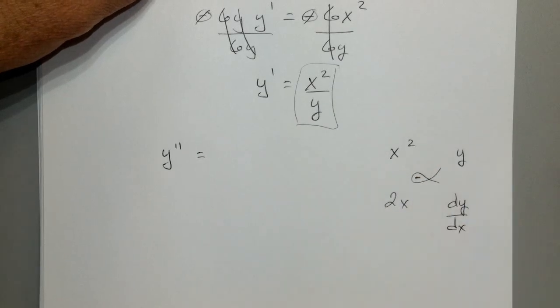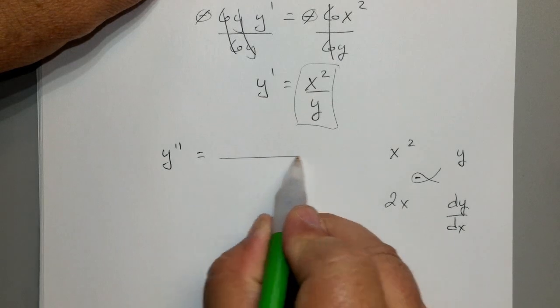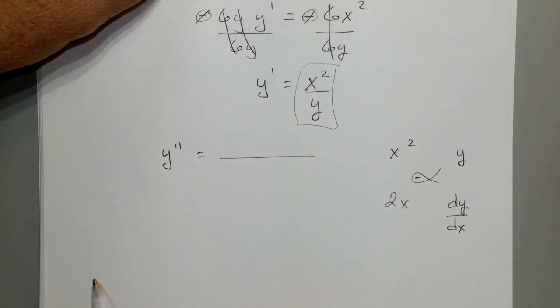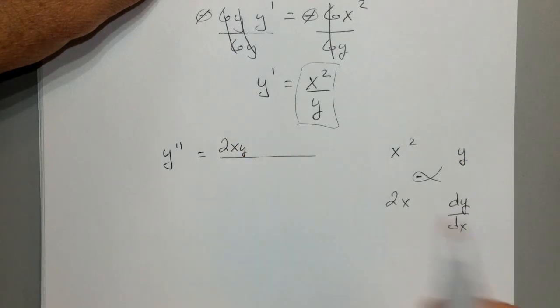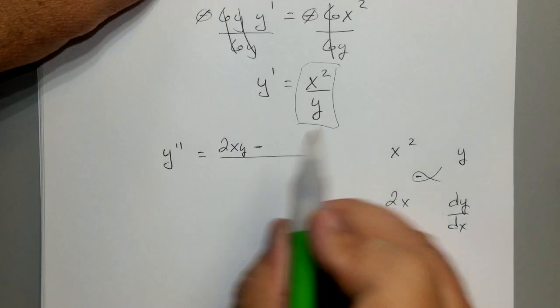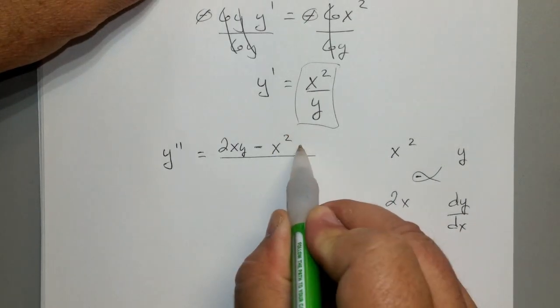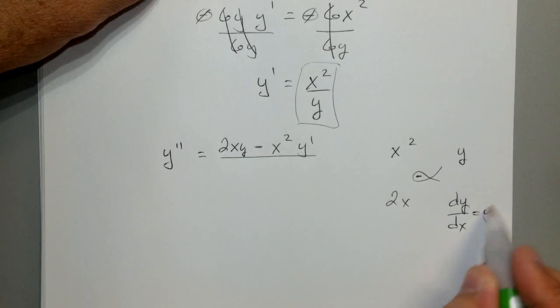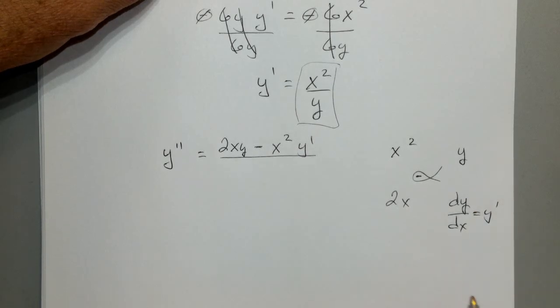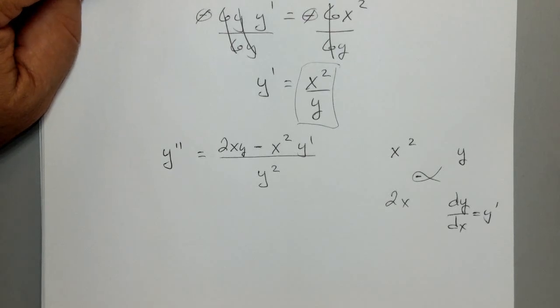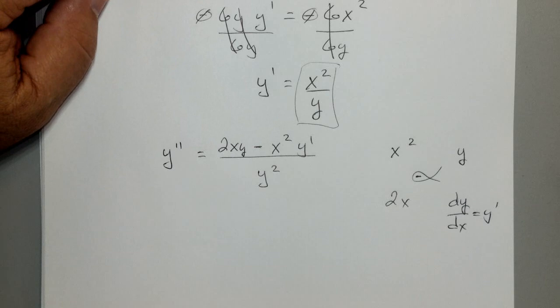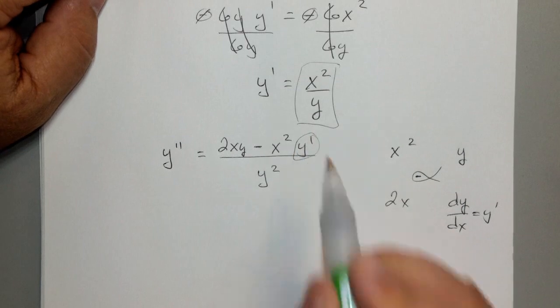Since it's the quotient, we subtract. It's y times 2x, so it's 2xy minus x squared y prime, this is y prime, all over y squared. We done? What does y prime equal?